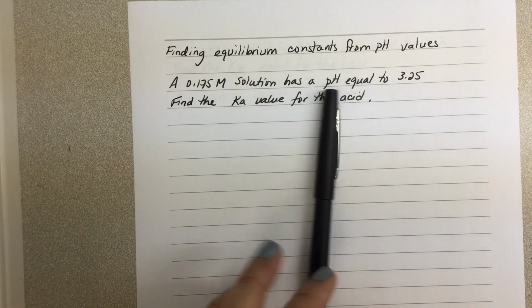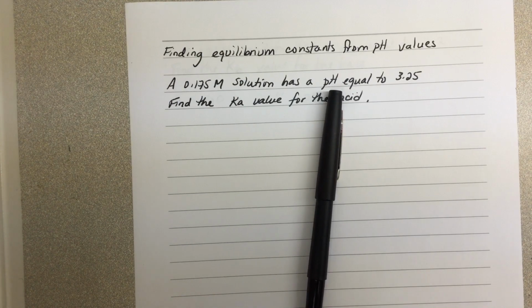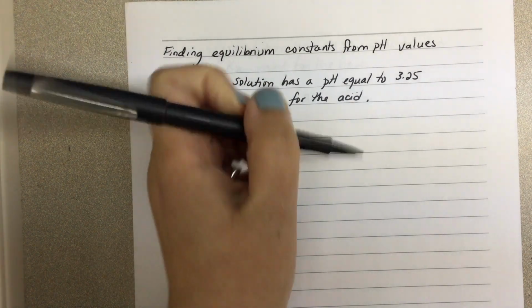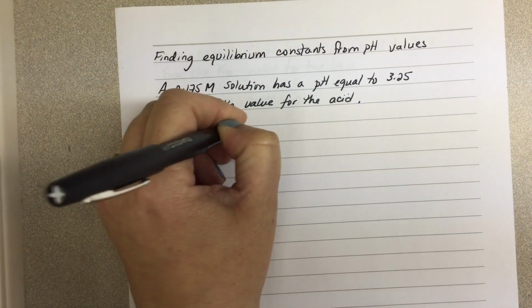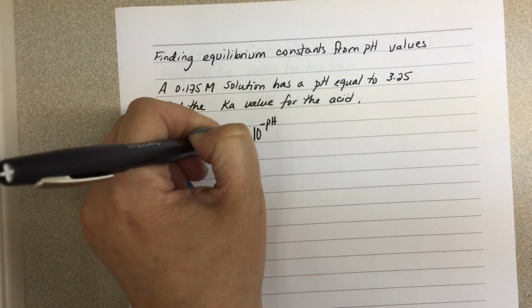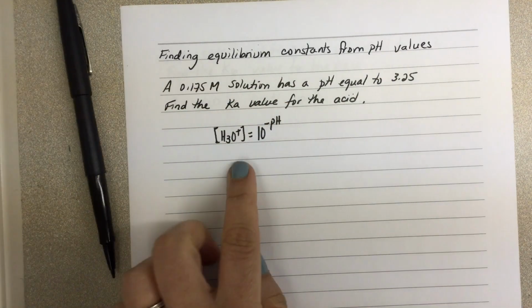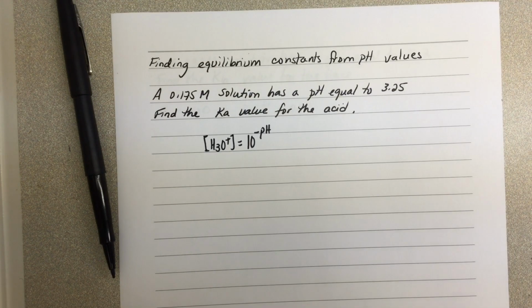With your pH value, you can actually find the concentration of hydronium. See? You can find concentration of hydronium if you're given a pH value.